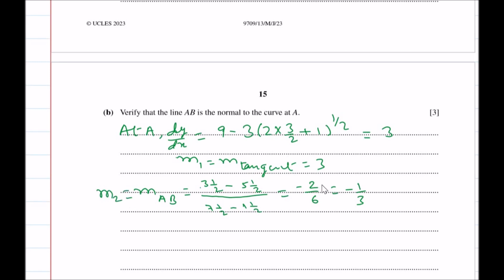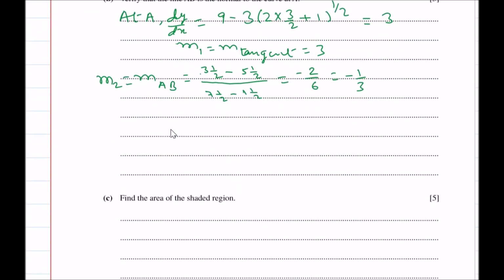Now easily we can see here, let us find m1 into m2. m1 into m2 is equal to 3 into minus 1 by 3, that is minus 1. So we got product minus 1.